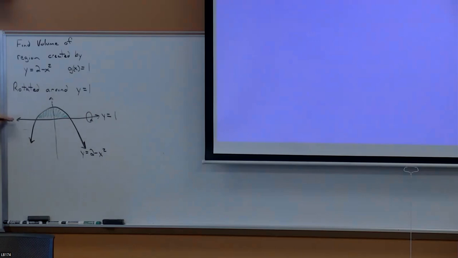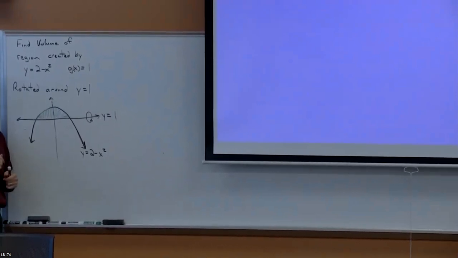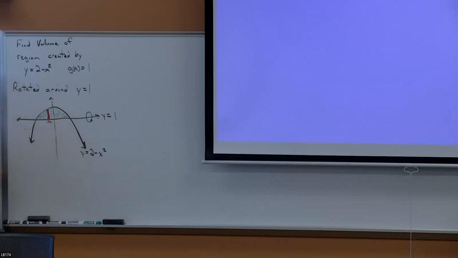Now, this is a horizontal line. So with the disk method, I am going to be using x values, and my little rectangles are going to have widths of, with respect to x.